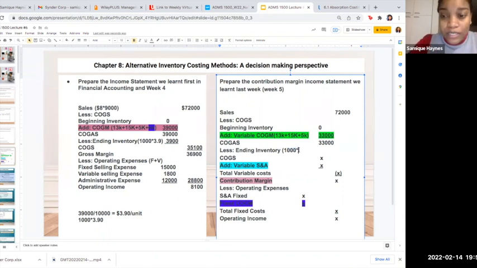So 1,000 times 3.3 gives us 3,300. So 3,300 is the cost of our ending inventory. And so now we can figure out how much our cost of goods sold is. 33,000 minus 3,300 gives us 29,700.